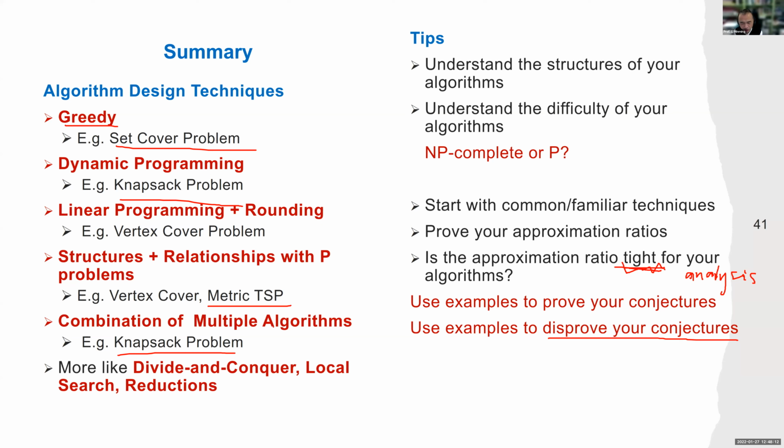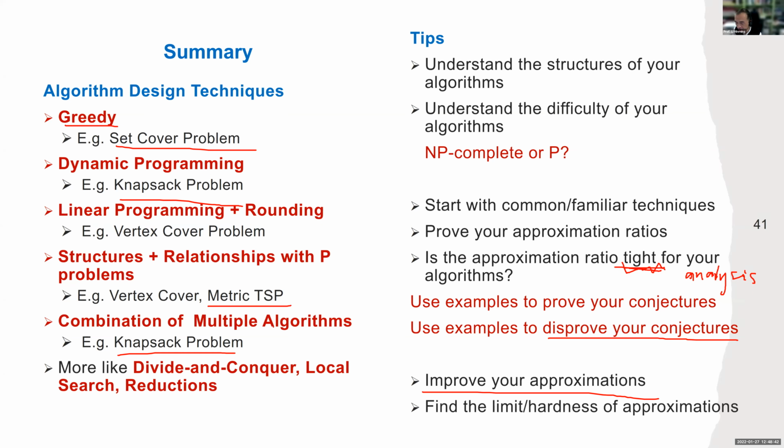But if you fail to improve that, then probably you may find some hardness results, hardness of approximation. This hardness of approximation is the one we are talking about for TSP. Basically, show that no polynomial time algorithm can give you a certain level of approximation. If this level matches the performance of your algorithm, then it's pretty good. So this is tightness of approximation.